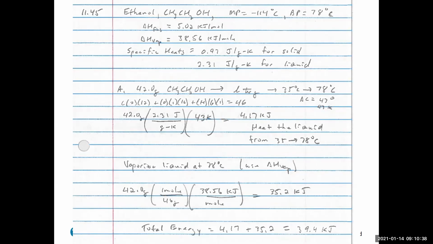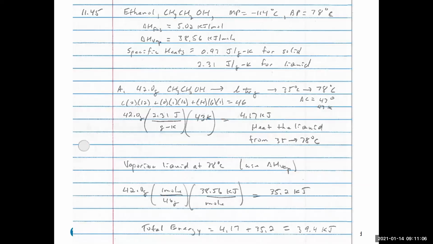Why are we doing that? Well, we know that at some point we're going to have to do something in moles. How do I know that? One tip-off is, if I look at my enthalpy of vaporization and enthalpy of fusion, what are the units? The units are kilojoules per mole.